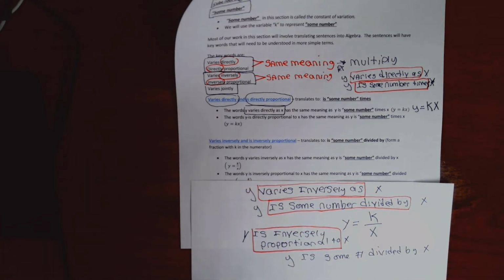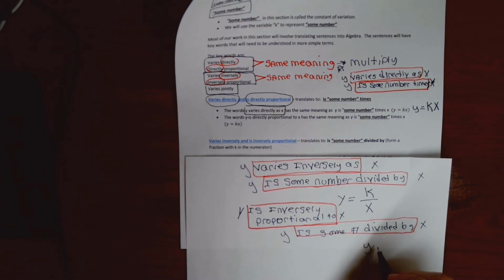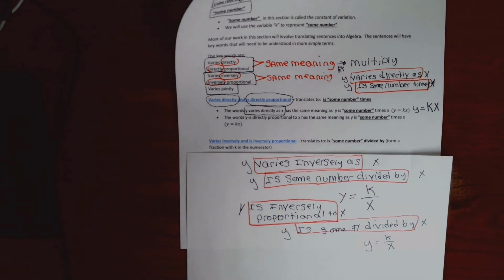So the "is inversely proportional to," I'm going to make "is some number divided by." It's going to have exactly the same symbolism. It's going to still be y equals k over x. Notice I haven't snuck in any of the words like cube, cube root, square, or square root. Those will come up in a minute.